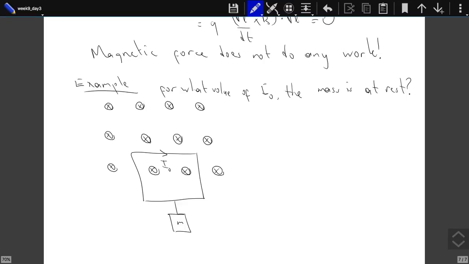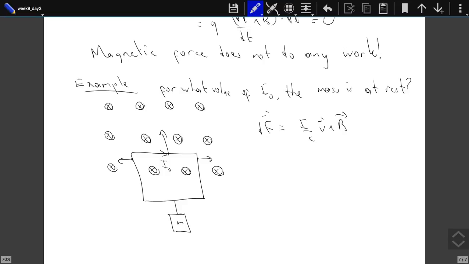So what will be the direction of the force acting on the wires? At the top segment, remember the F is I over C, V cross B. Upward. Here, on the opposite side, to the right. So the left and the right forces will cancel each other if the magnetic field is uniform.